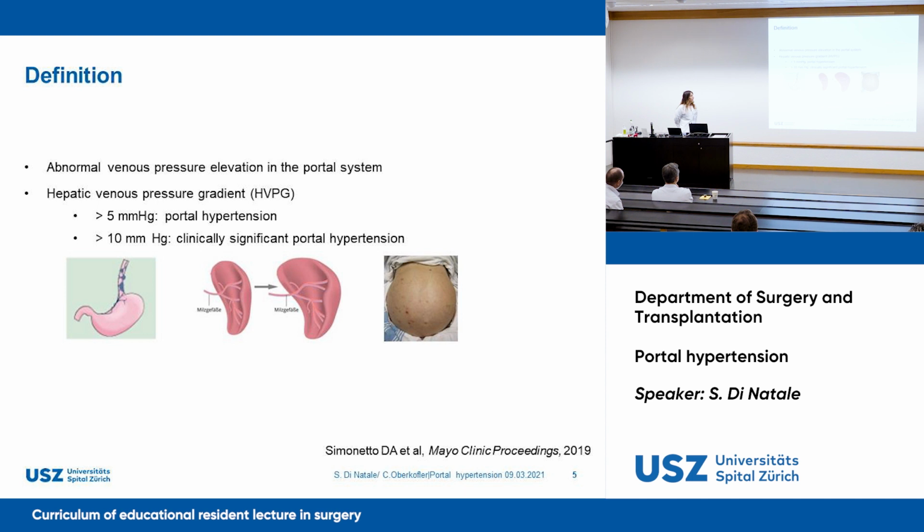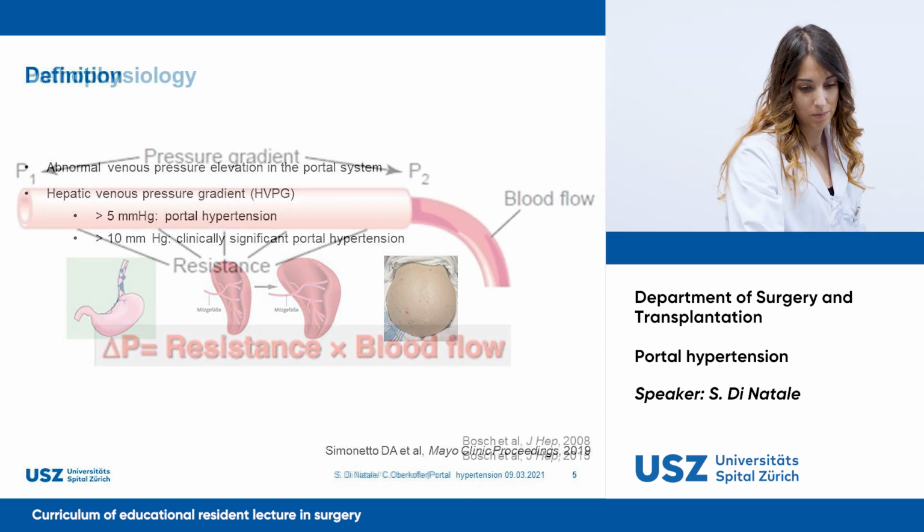Values greater than 5 millimeters mercury indicate portal hypertension, and values greater than 10 millimeters mercury correspond to a clinically significant portal hypertension, that is, when clinical complications such as gastroesophageal varices, splenomegaly, or ascites ensue.